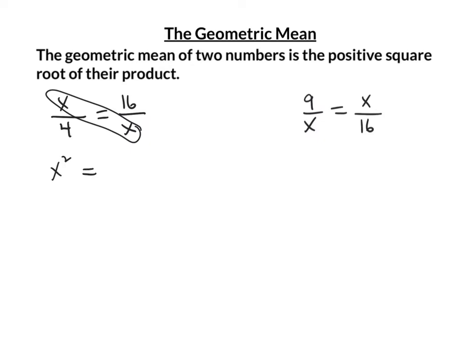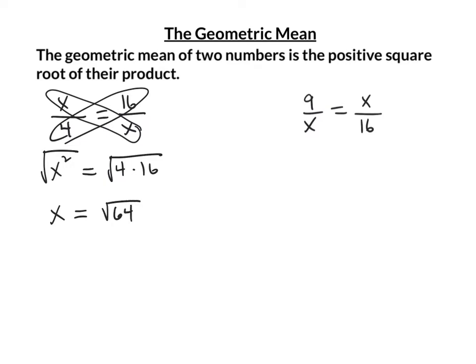That would be equal to 4 times 16. I'm going to write that out, 4 times 16. And then to solve this, I would take the square root of both sides. Notice, you're multiplying the two numbers and you're taking the square root. This is the square root of 64, and your x then is 8.